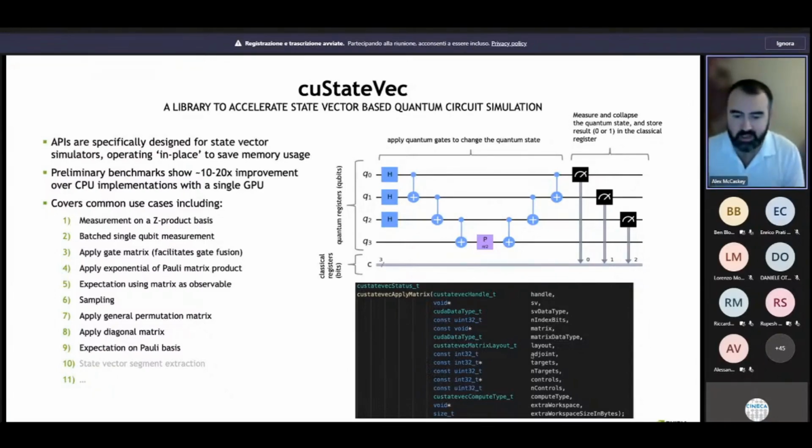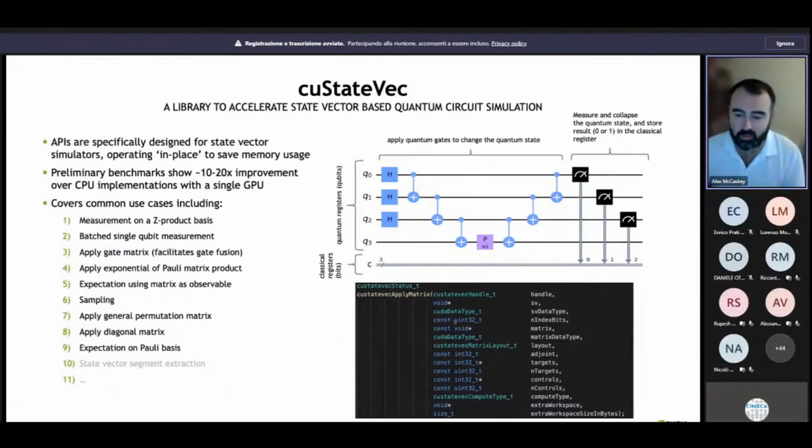And to give you an idea of what I'm talking about at this low level, here's a function example from the API itself. You'll see this in qstatevec.h in the header file. We basically provide this low level of user control where you specify the unitary matrix representing the gate that you want to apply to your simulated quantum circuit, right?